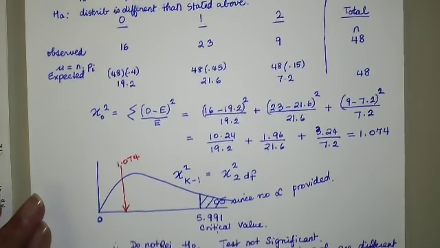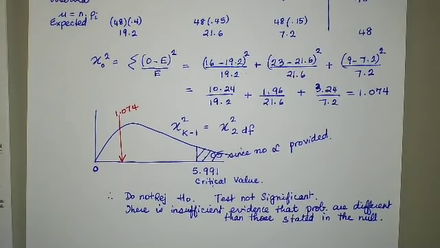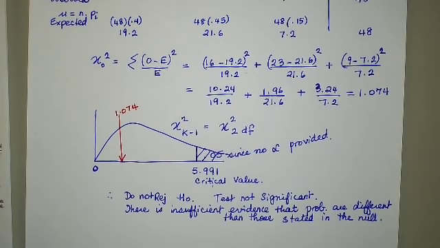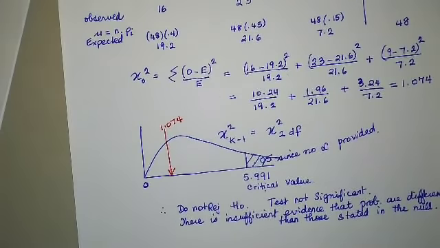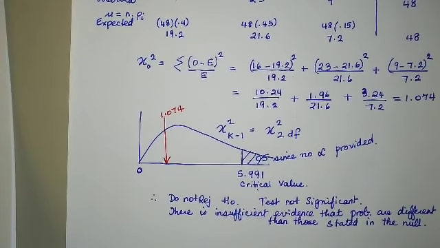Are you with me? So that's chi-square goodness of fit. It's performed at k-1 degrees of freedom, where there are k categories. Is it totally clear? Great. Let's go to the next chi-square test.